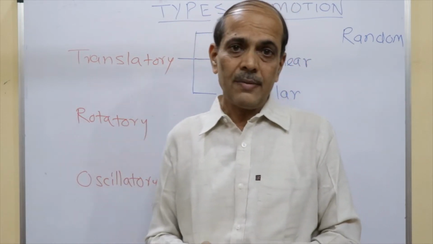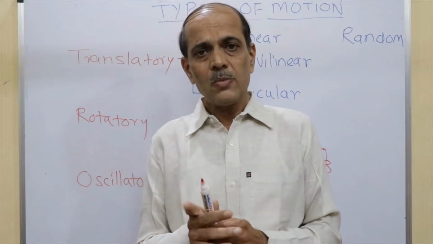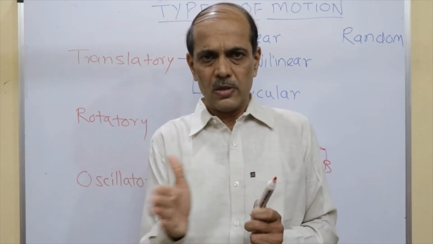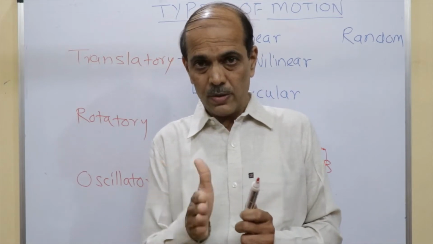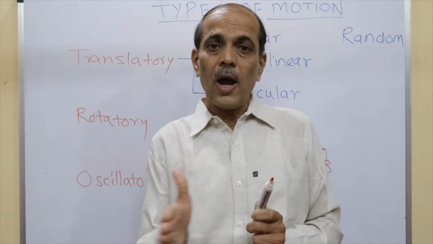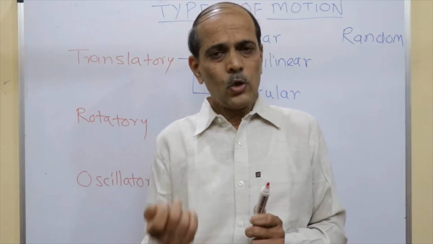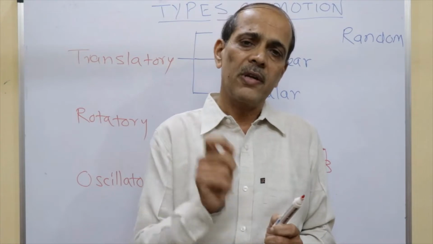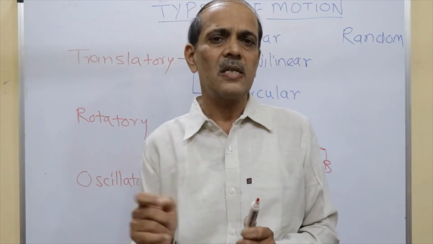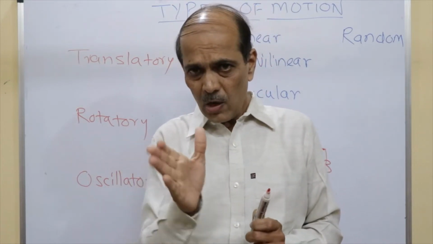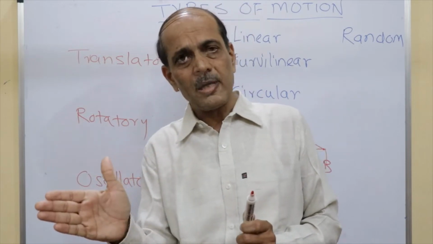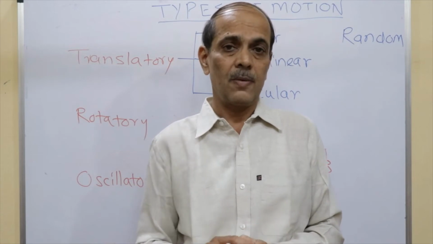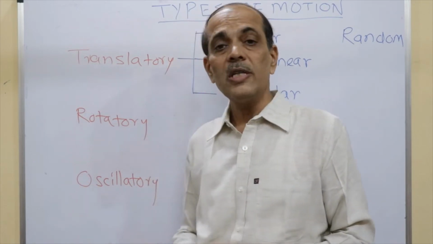What is oscillatory motion? Oscillatory motion is motion around a mean position on two sides, like oscillating or vibrational motion. It could be as fine as when you strike a string of a guitar or violin or any such instrument that vibrates around its mean position, goes to one extreme end, comes to the mean position, goes to the other extreme end, comes to the mean position. That is the way it vibrates. So that motion is oscillatory motion.